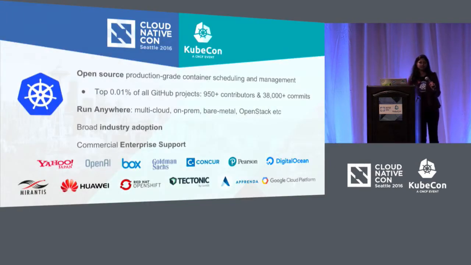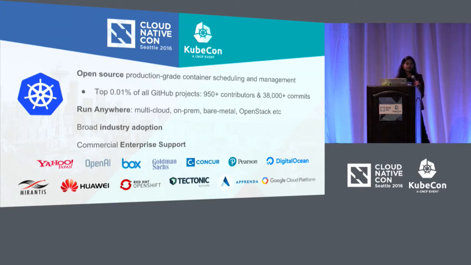So I think everyone here knows that Kubernetes is a platform that runs across different types of clouds and has broad industry adoption. Obviously, this was a project that was initiated at Google and is open source and has a booming community around it.